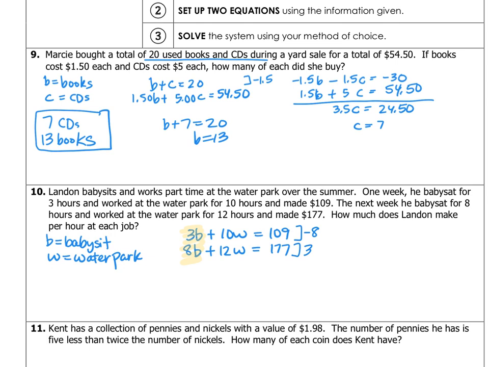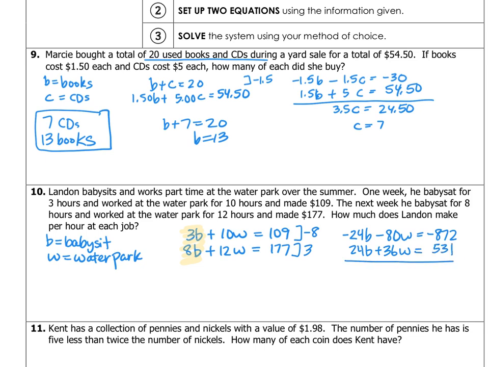So if I multiply the top by -8, that gives me -24b minus 80w equal to, oh gosh, what is that, -872. Okay, the bottom, if I multiply by 3, 24b plus 36w equal to, and that one's 531.